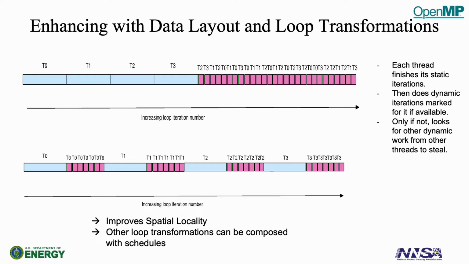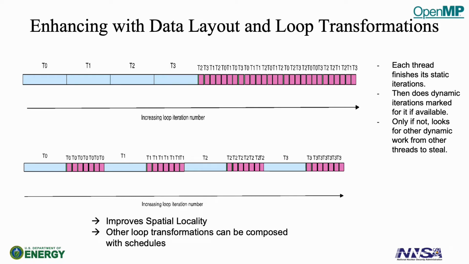Specifically, in the original code we showed in the last slide, threads are first assigned these pre-assigned static iterations, but then you'll see that thread 2 has to jump all the way here after it finishes its last iteration. That disturbs spatial locality, and so how can this be fixed?